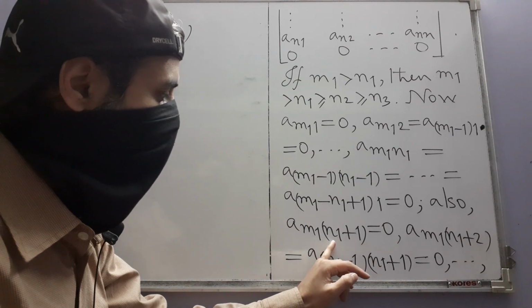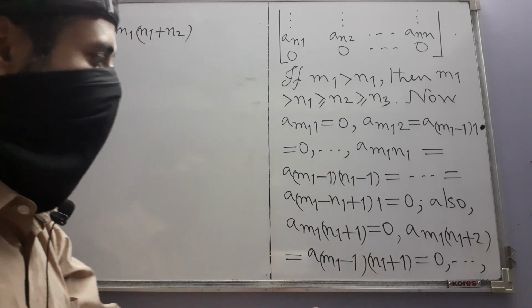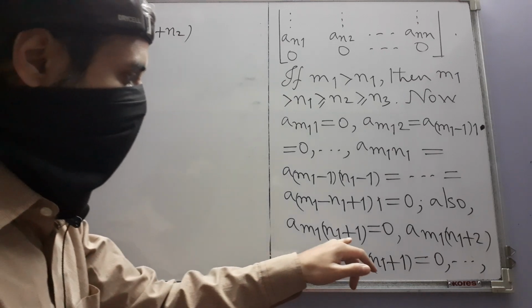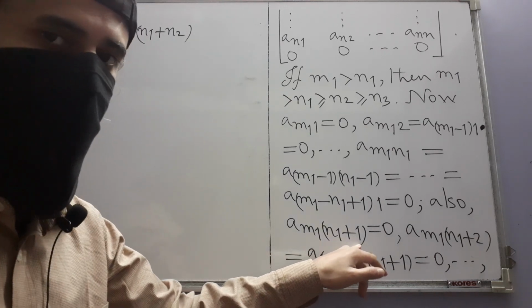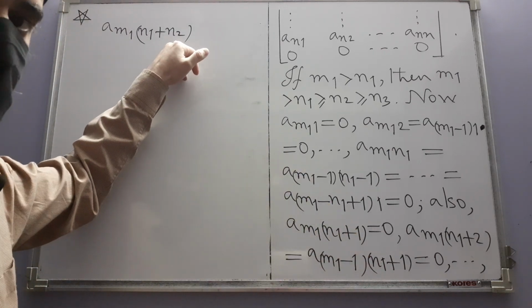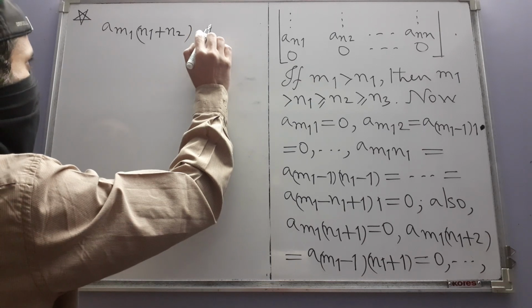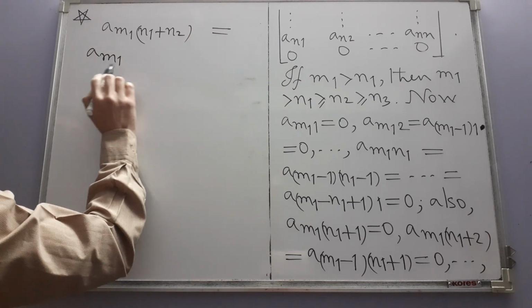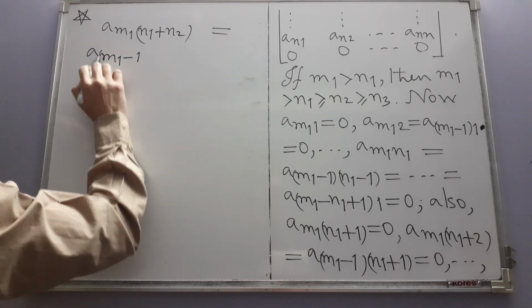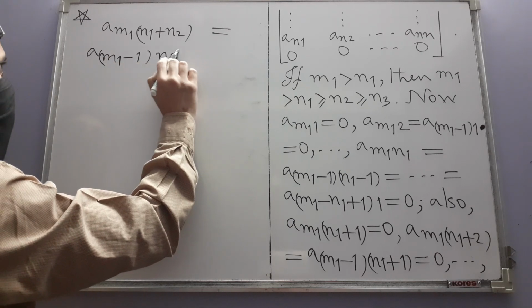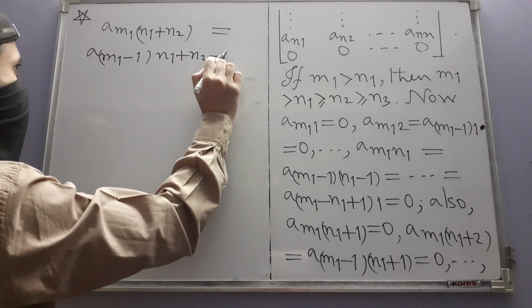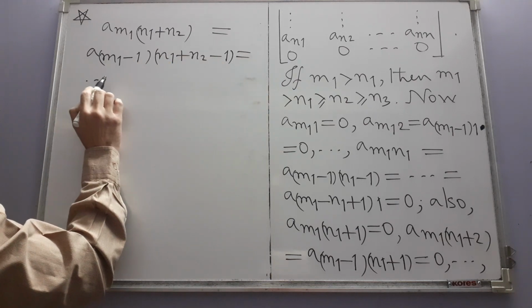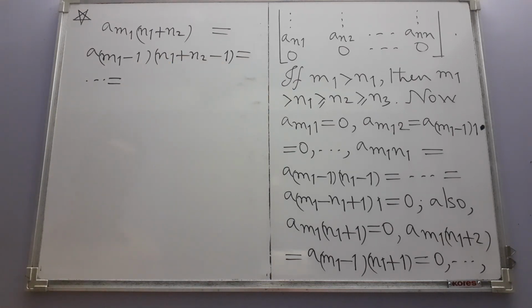Then starting from n1 plus 1 you eventually reached n1 plus n2. It's as if here again you are starting with 1 and now you reached n2. m1 minus 1, n1 plus n2 minus 1, and like that we keep on subtracting 1 from both the indices.